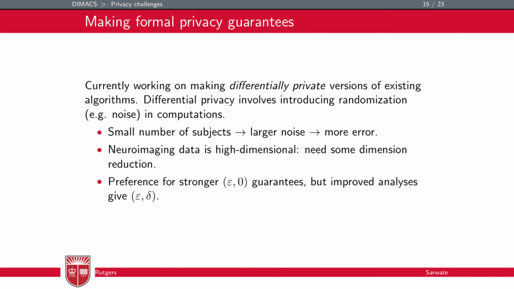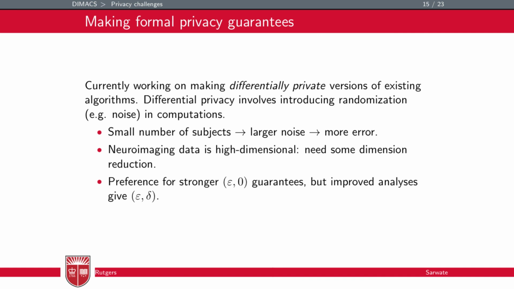Another challenge that's particular to neuroimaging, but also in general for a lot of imaging data, is that it is very high dimensional, and so to get methods to work properly, you need reasonable dimension reduction methods, or you need to figure out how to handle that with differential privacy.